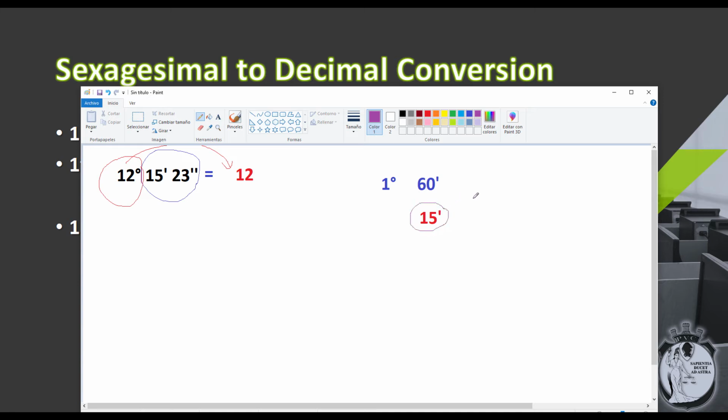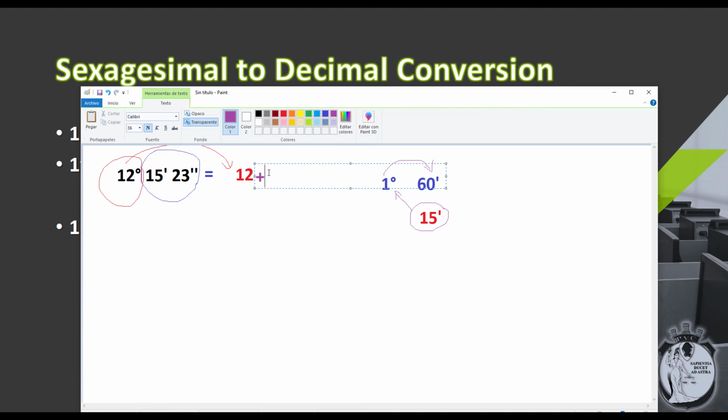You need to use the rule of 3: multiply by 1 and divide by 60. Remember that when you calculate the conversion, you only work with the decimal part, so it is added to the integer part.